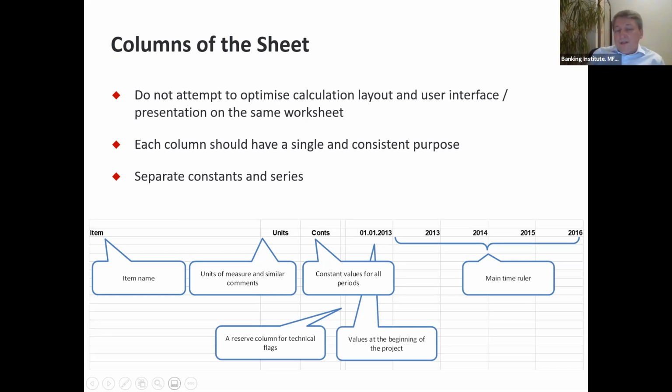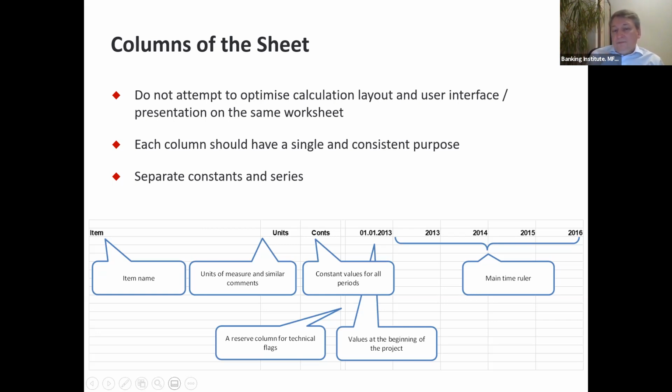Next column is our units, and yes, this is important. We have units for any line in our model, and even if 90% of our calculations are in dollars or in rubles, so the unit is the same for all those lines, we repeat the unit name each time for each line because it's important to always see those units.